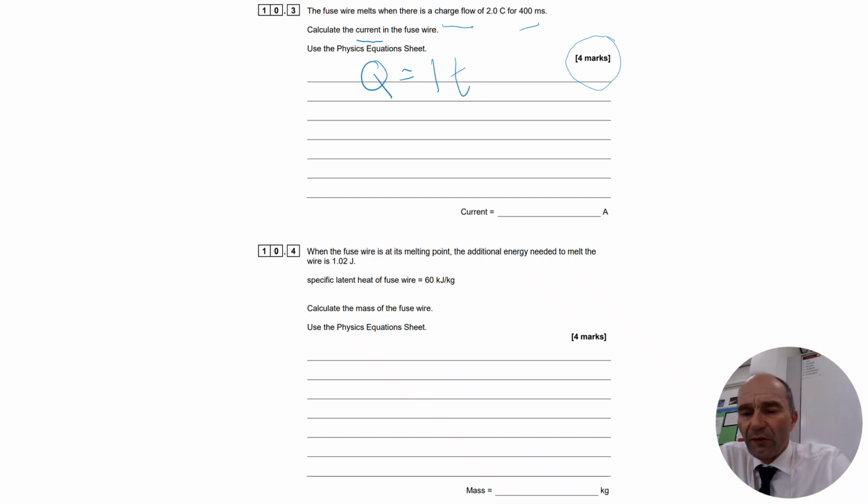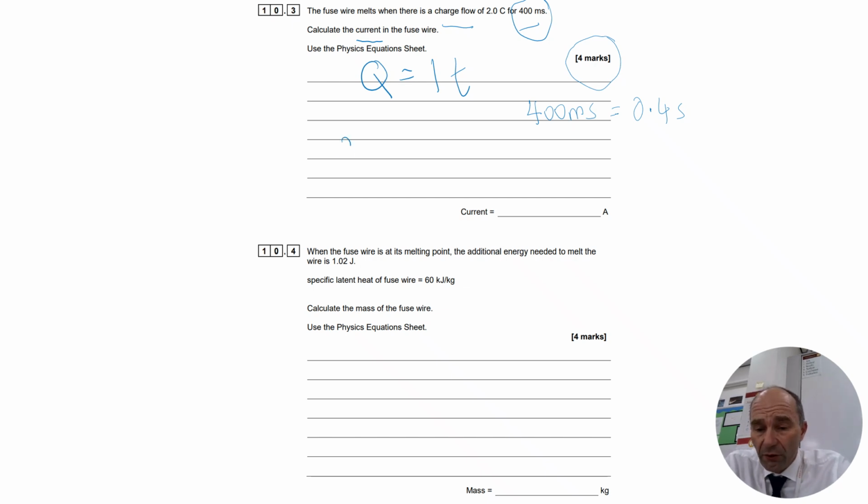Well, by now you should be suspicious and thinking of conversions. We've got 400 milliseconds. So the first thing we need to do is to convert those 400 milliseconds into 0.4 of a second. Remember, there's 1,000 milliseconds in 1 second. We now just need to substitute in the numbers we've got.